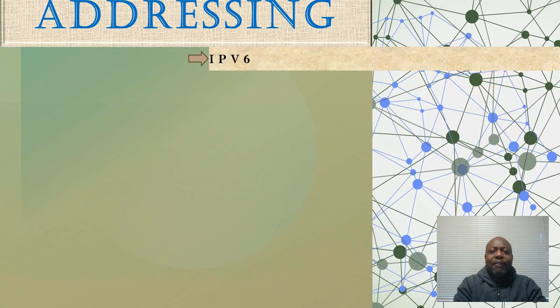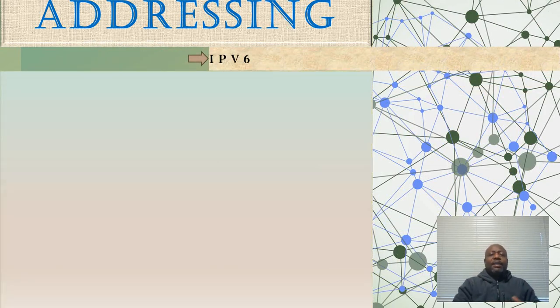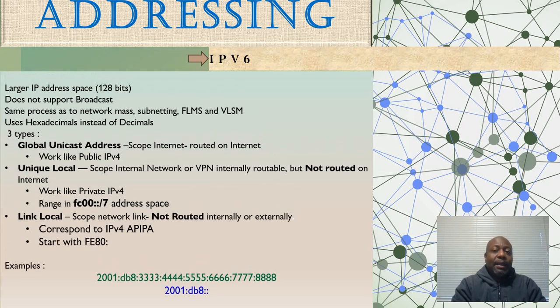Now let us just have a little word about IPv6. I think we spoke about everything we want to know concerning IP addresses. The same philosophy we have concerning the network masking on IPv4 goes to IPv6. But here I just want to emphasize the fact that we have 3 types of IPv6 addresses: global unicast addresses, which can be used on the internet.